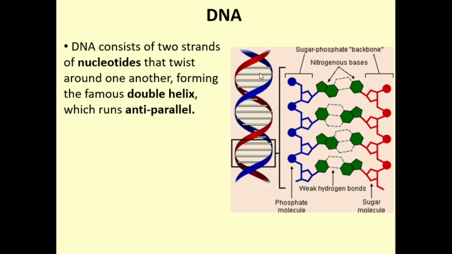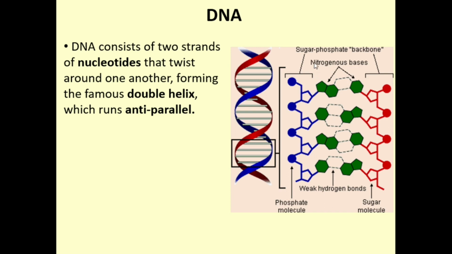The stair treads, these little cross braces, represent the nitrogenous bases that join the two strands together. They are joined by these dotted lines, which represent hydrogen bonds. So we get hydrogen bonds holding the two strands together between our nitrogenous bases.